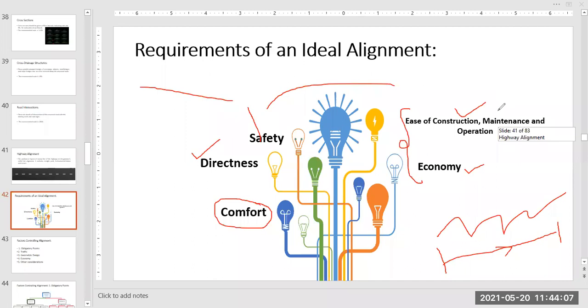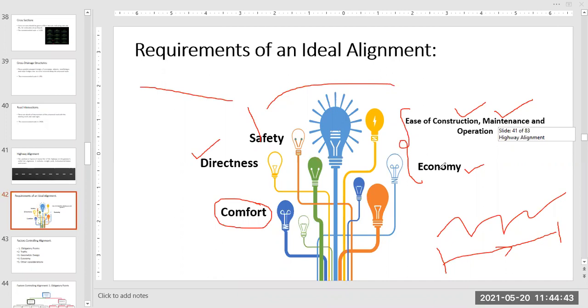With proper maintenance. When construction and economy go hand in hand, that means using the best materials and good construction techniques, we can reduce the maintenance. So these are the requirements of an ideal highway. The road should be safe, direct, and comfortable from the driver's point of view, and from the engineer's point of view it should be economical and easy to construct.